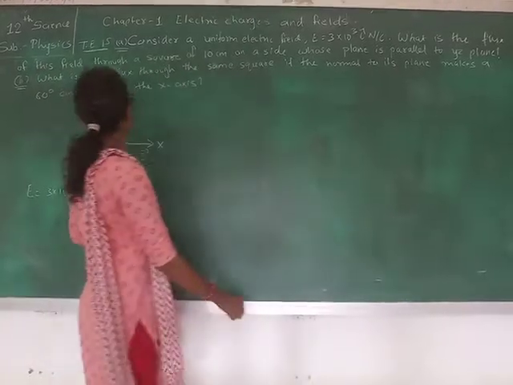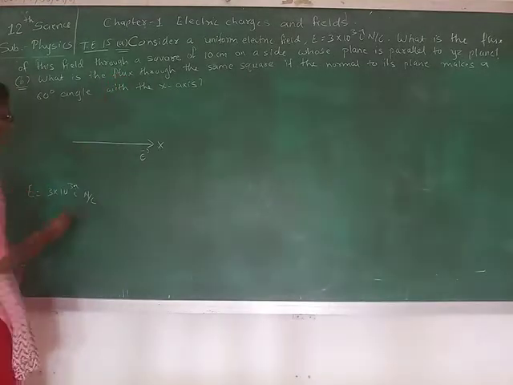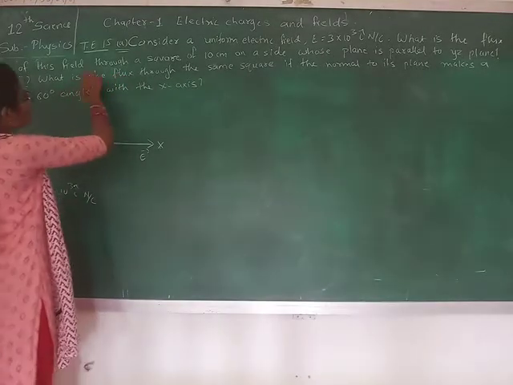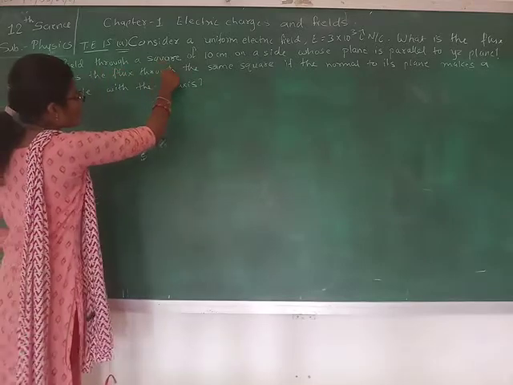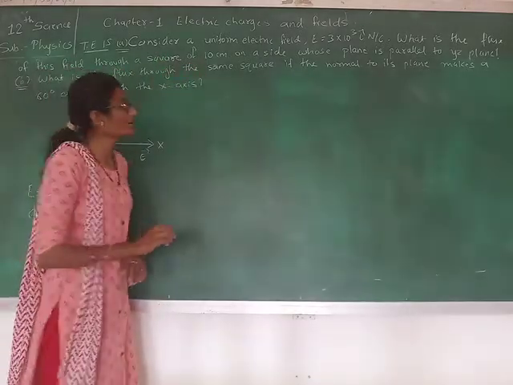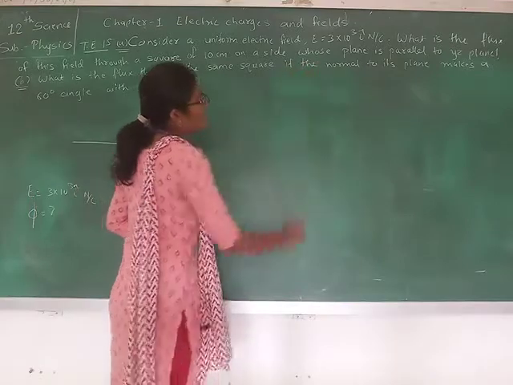Then what is the flux of this field? We need to find the flux of this field through a square of 10 cm on a side whose plane is parallel to the YZ plane.